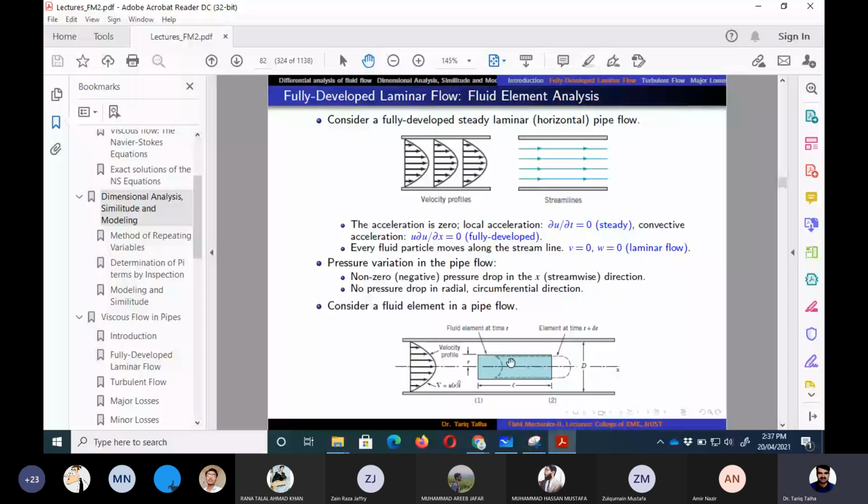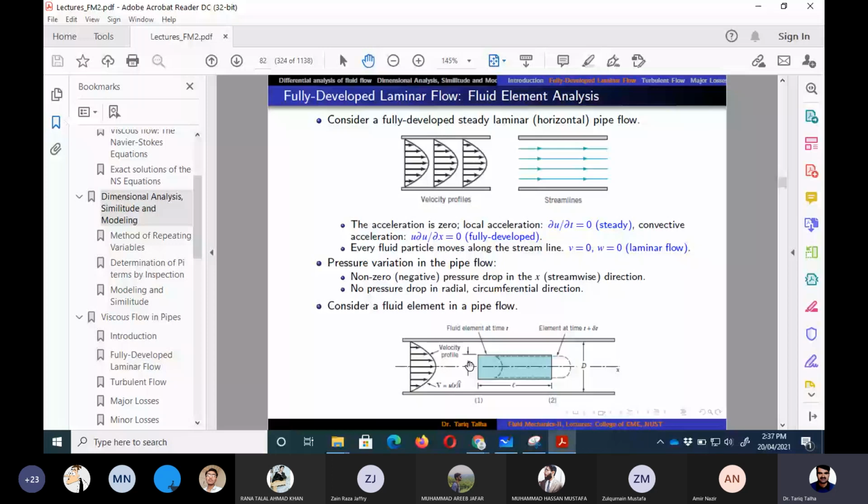So if we do the balance of forces here, the length of the element is small l, and here we have r, which is the variable radius. There are two types of forces on this element.